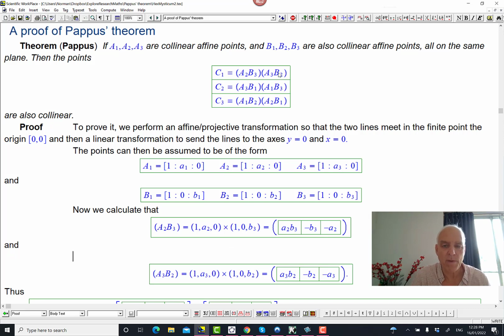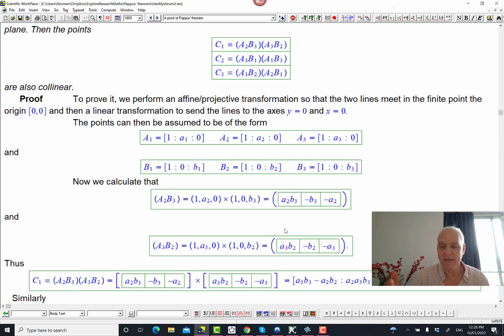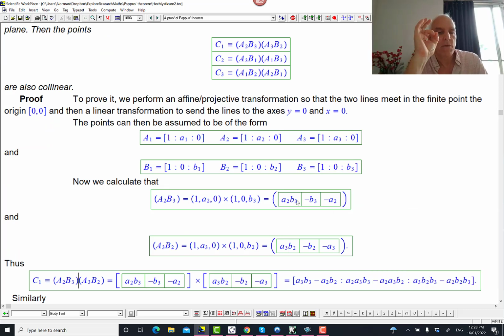So we now have formulas for these two lines, and then to find their meet, we can use the meet of lines formula, which again tells us that we just have to take a cross product of the projective coordinates of these lines. All right, so here are the lines. We're taking this vector cross this vector, and there it is.